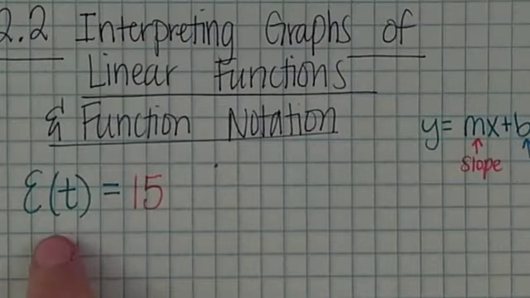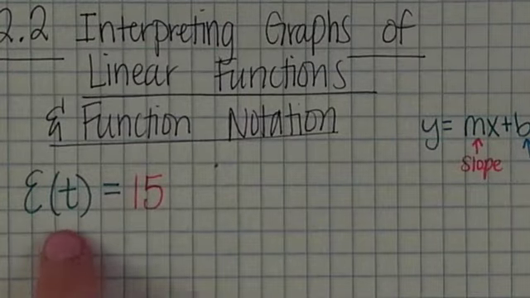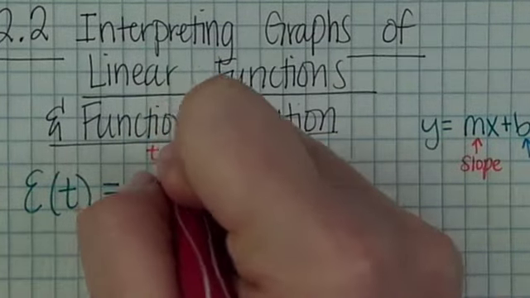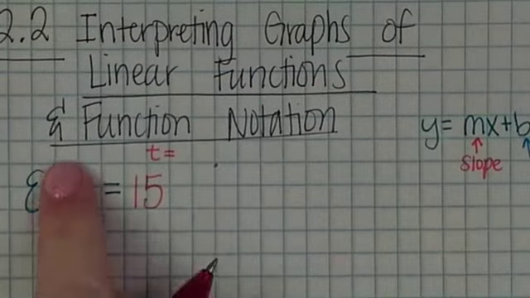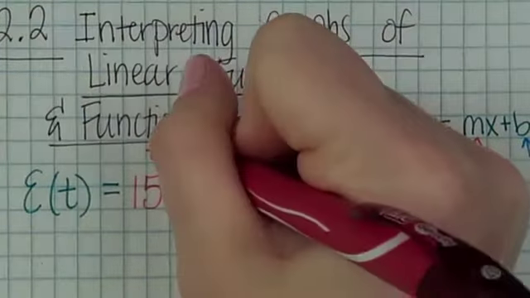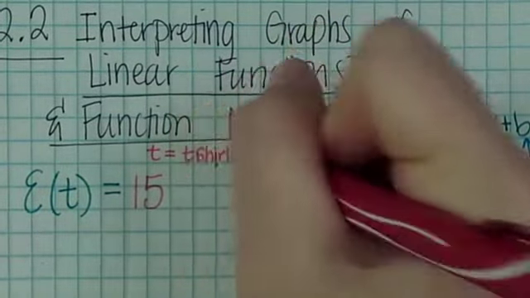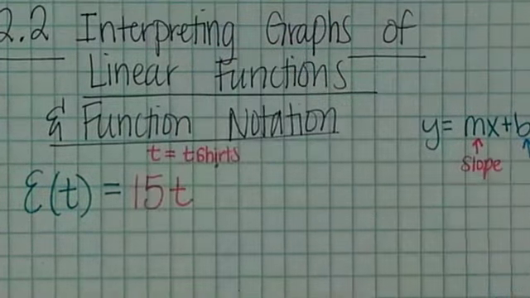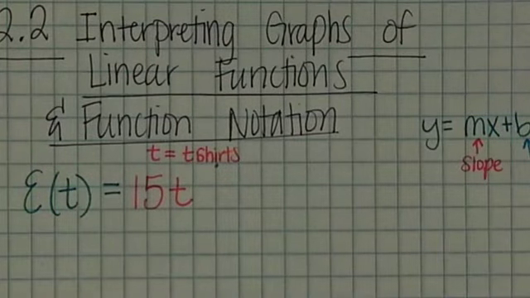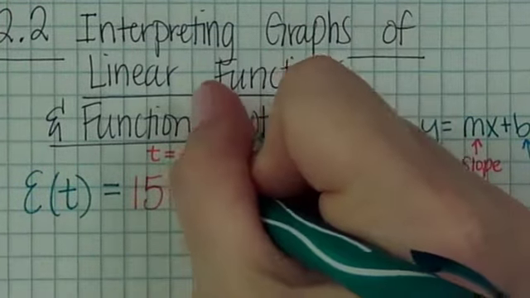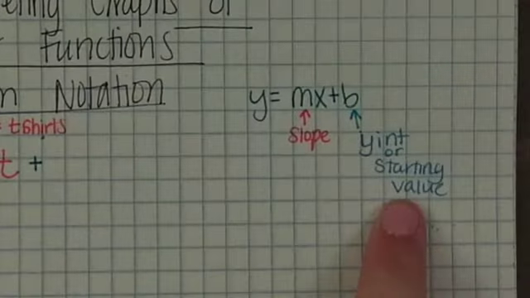So number of t-shirts, so our T represents, notice this is our input, so T equals number of t-shirts. So we're going to do times T, then plus, remember that's the y-intercept.